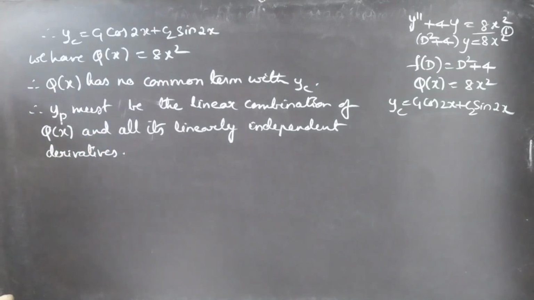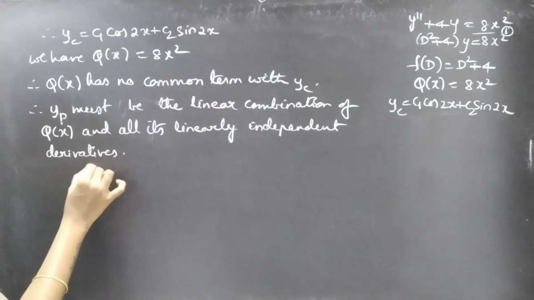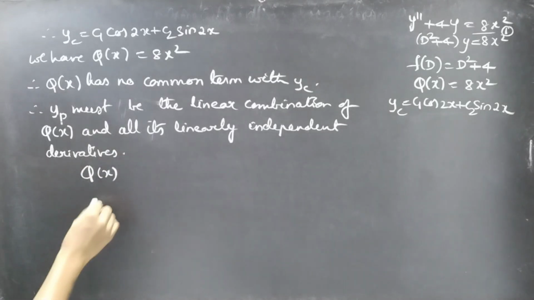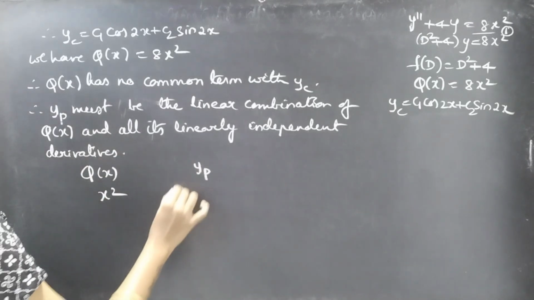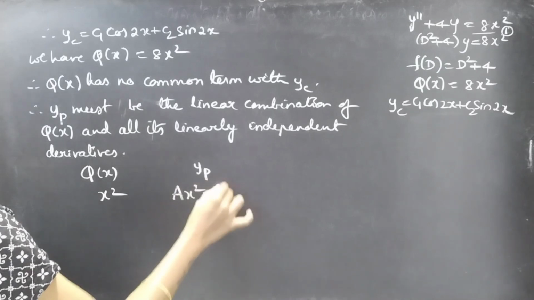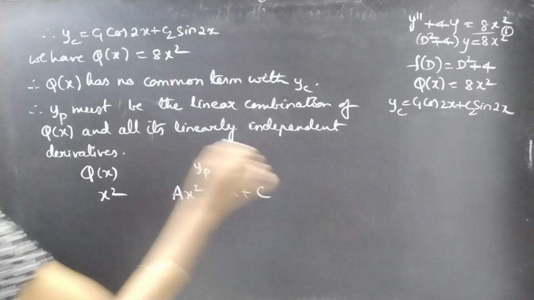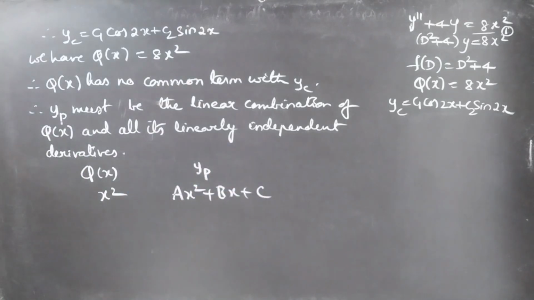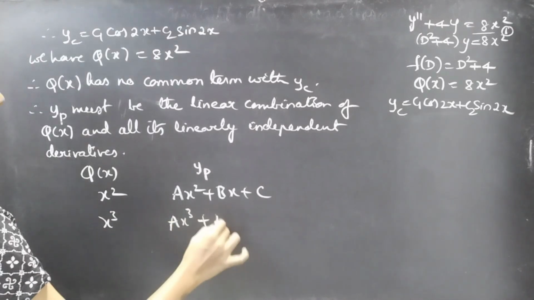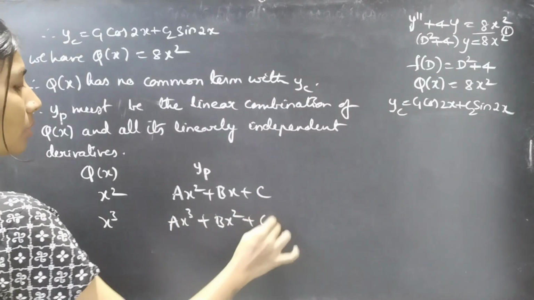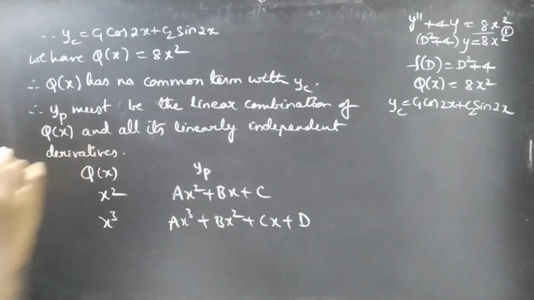Okay, so firstly we'll see the formula. When q of x is x square, then yp will be ax square plus bx plus c. Simply this is the formula. When q of x is x cube, then ax cube plus bx square plus cx plus d is the formula, right?